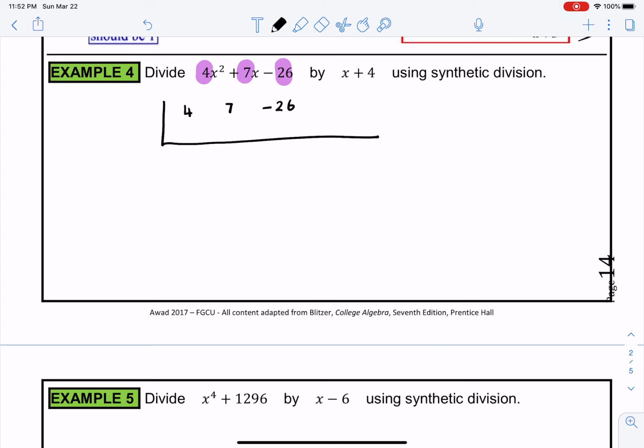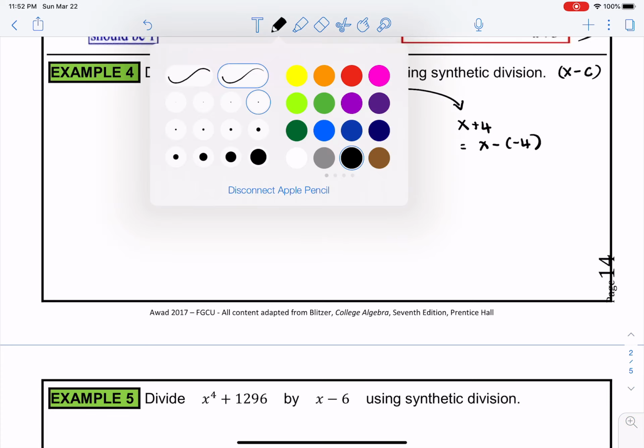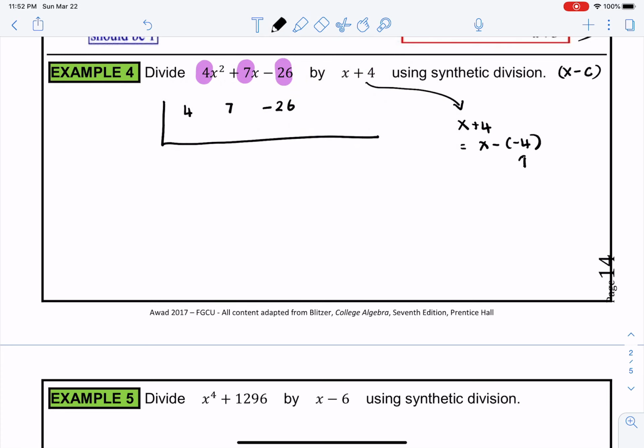But mind you that we can only use synthetic division if we have something of the form x minus c. But that is not the form we have here. But fret not, we could write x plus 4 as x minus of minus 4. Now this is of the form x minus c, and c is negative 4.